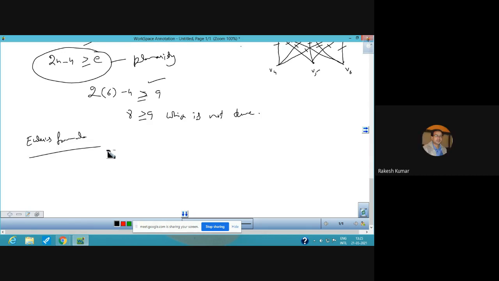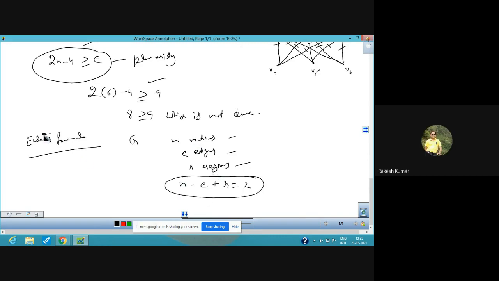The statement is: if a connected planar graph G has n vertices, E edges, and R regions, then n minus E plus R should always be equal to 2. This is Euler's formula for a connected planar graph.